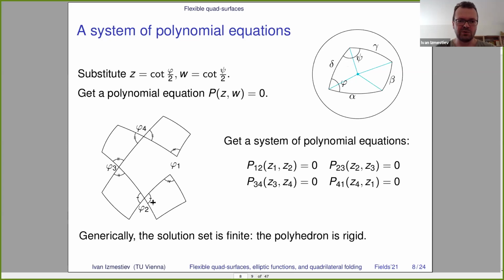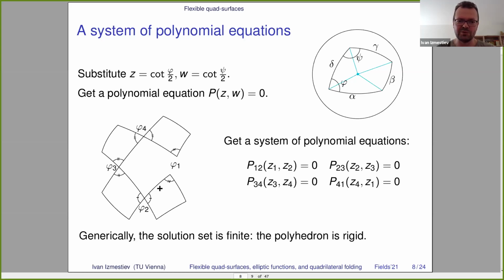And now if we look at our spherical linkage, so this pattern joint framework, and mark these 4 angles, because these 2 angles must be equal, then we get 4 polynomial equations. So this is, so to say, a cycle. This system has a cyclic structure.